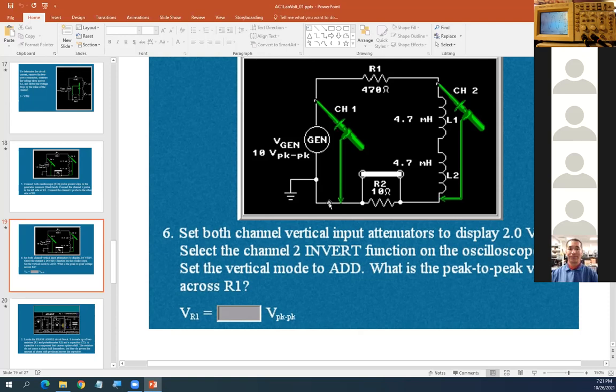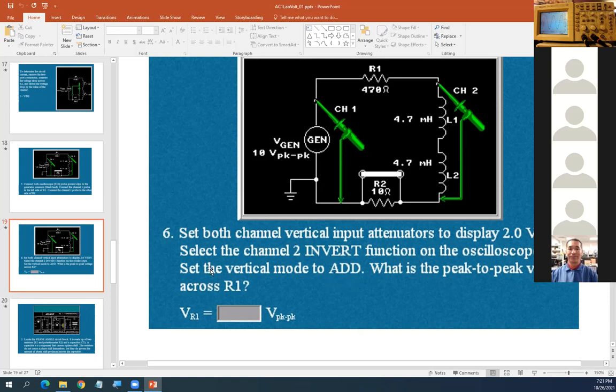You get that? Yeah, so the circuit only has one order of resistance, two orders of impedance. Also, when you're reading here, see that both channel vertical display 2 volt, select channel 2 invert function on scope and using the add.